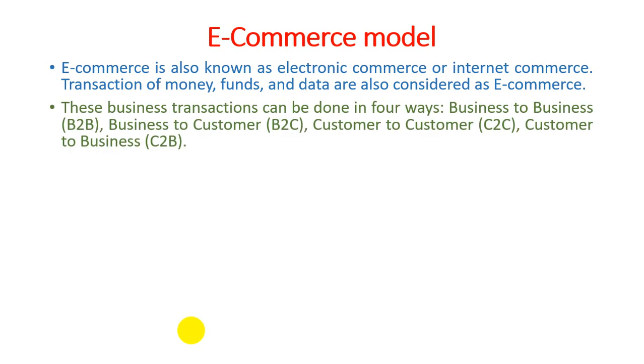These business transactions can be done in four different ways: business to business, business to customer, customer to customer, and customer to business, in the form of electronic communications or electronic commerce.